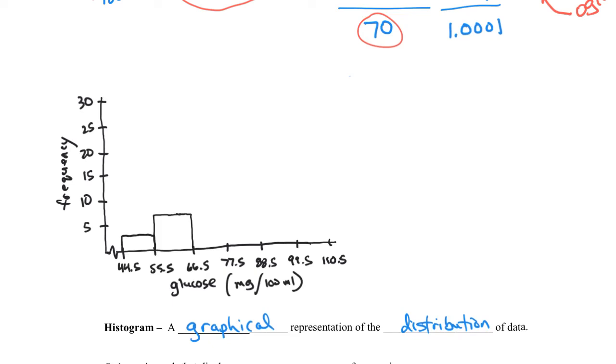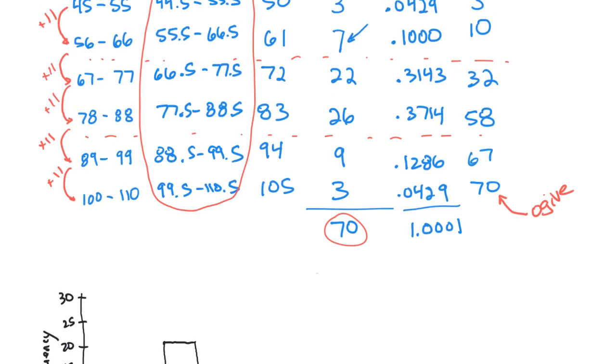Right, then the next one, we've got 22, so it's going to jump up to 22 for this next class. Get 22, right, because I'm just looking at our frequency table, we had 22, so if you look where I'm getting the numbers from, 22, right here.